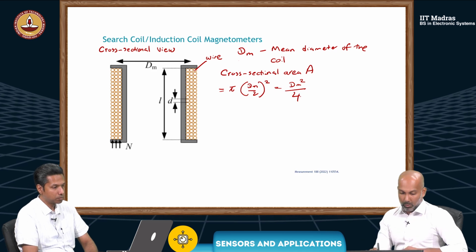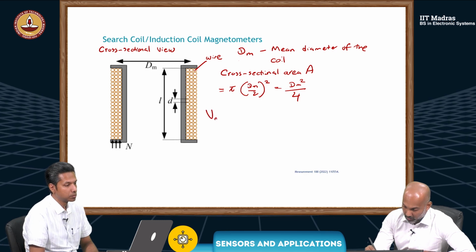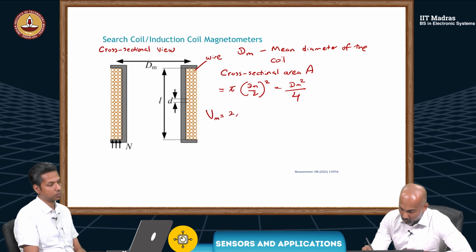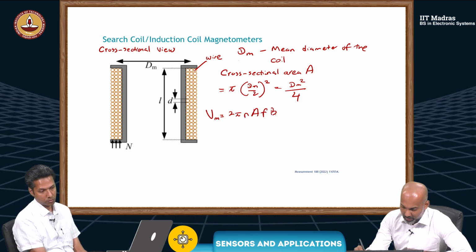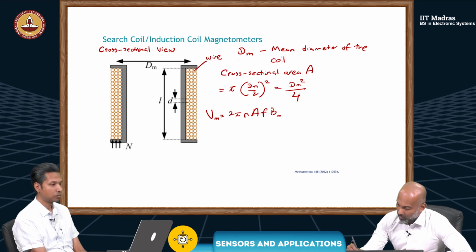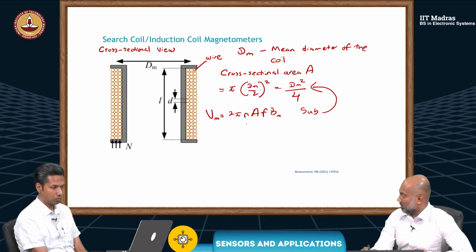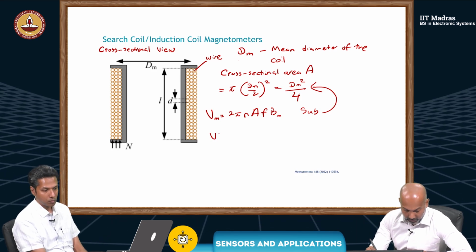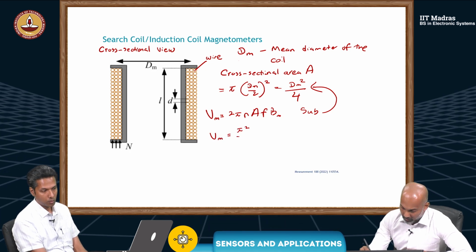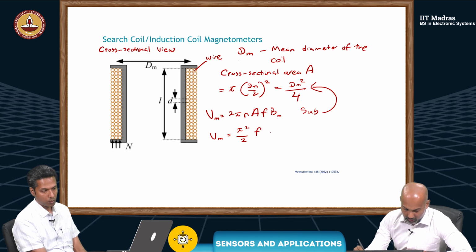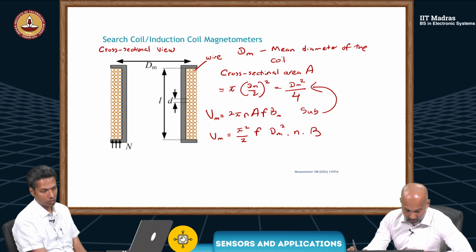Now, remember our equation Vm is equal to 2 pi N A f B. When we substitute this into this, we get Vm is equal to pi squared over 2 times frequency, DM squared, number of turns, and B.